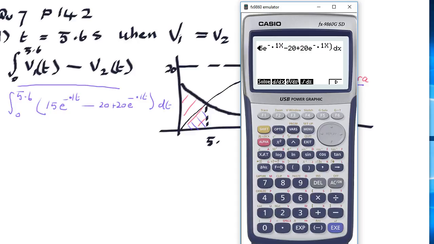And I'll put brackets in just to make sure. And from 0 time to 5.6. Now that difference is 38.08 metres.